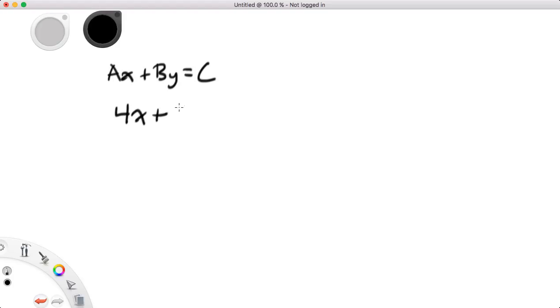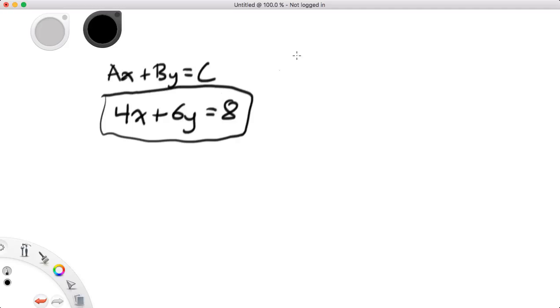Okay, now, I'm just going to quickly mention that that's not the only form of a line. Sometimes you'll see it where it says ax plus by equals c, which basically means you might have something like 4x plus, say, 6y equals 8, okay?